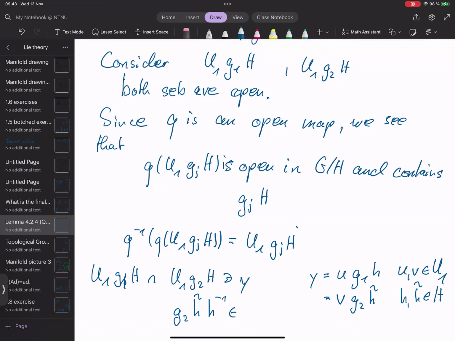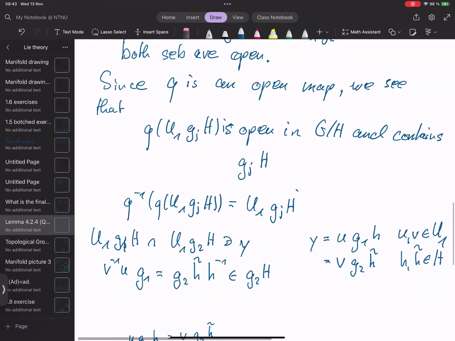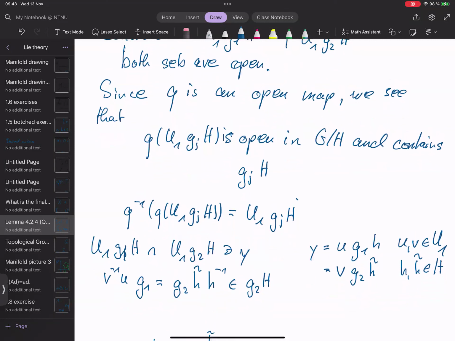There we see that this is inside of G2 times the subgroup H. On the other hand it equals G1, and then V inverse, and then the U. Since V and U are both in U1, this is inside of U1 inverse times U1.